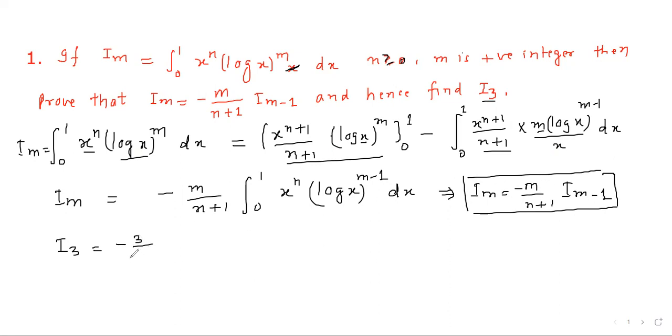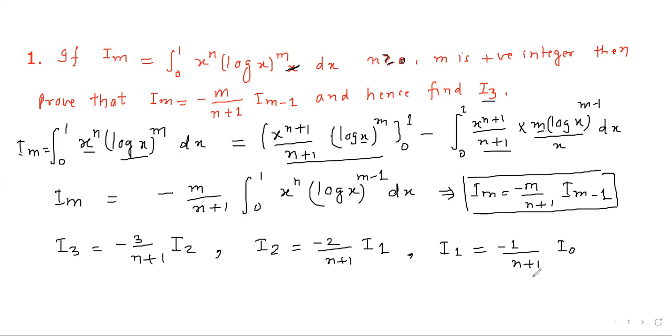When we put m equal to 2, we get I_2 equals minus 2 upon n plus 1 I_1. And when we put m equal to 1, we get I_1 equal to minus 1 upon n plus 1 I_0.